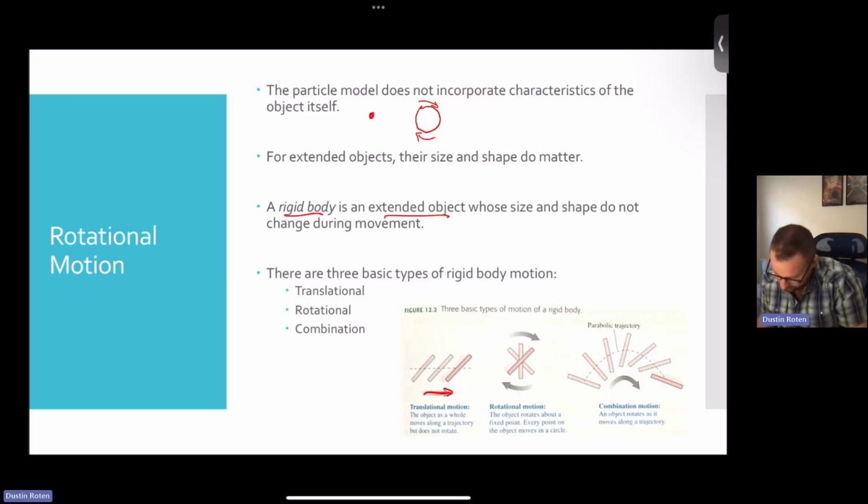You can see here, this object is rotating about this central point, but that central point itself is not moving anywhere. It's not translating across the page. And then, of course, we could have a combination. In that case, you can see we have this baton being tossed. Not only is its center moving, but it also is undergoing some sort of rotation in the air while it's being thrown.